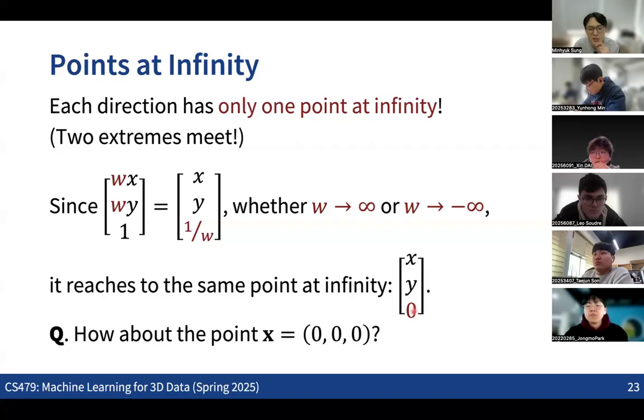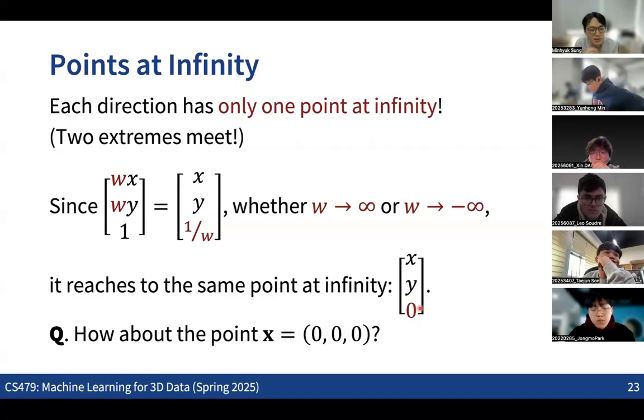So interestingly, the two extremes meet at the same point. Whether you go in one direction or the opposite direction, you go to the same point, with coordinates x, y, 0. So for every direction, there is only one single point at infinity. This is an interesting structure of projective geometry. Make sense?